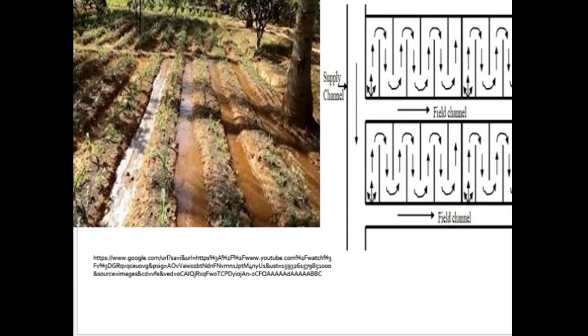In this method, land is divided into square or rectangular plots. Each plot is further subdivided with the help of low bunds or levees. Water enters at the upper end of the plot and follows a zigzag route to reach the lower end of the plot when supply is cut off.